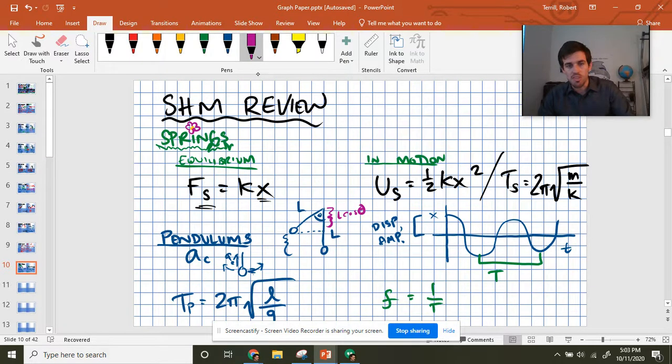So if I want to know this distance here, the change in height, it's actually going to be L minus L cosine theta, or more simply, L(1 minus cosine theta). So keep in mind, if you ever need to figure out the height based on the angle, this is how you'd go about it.